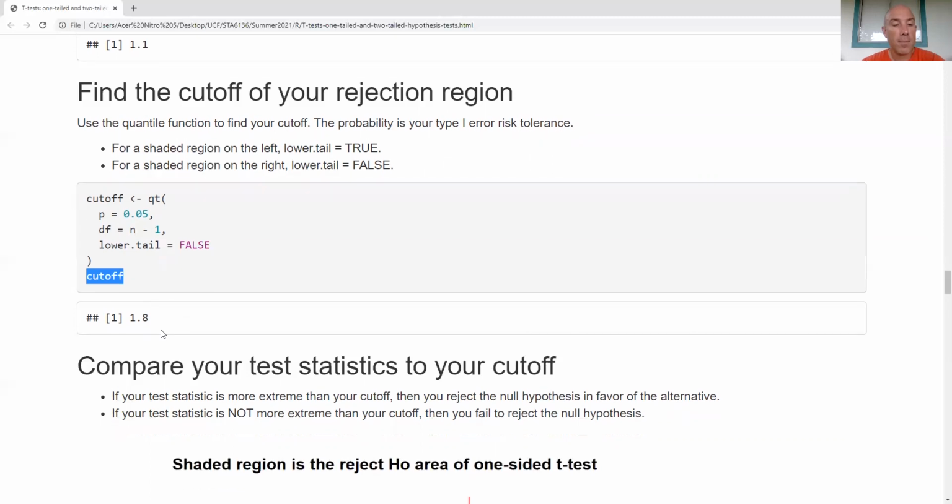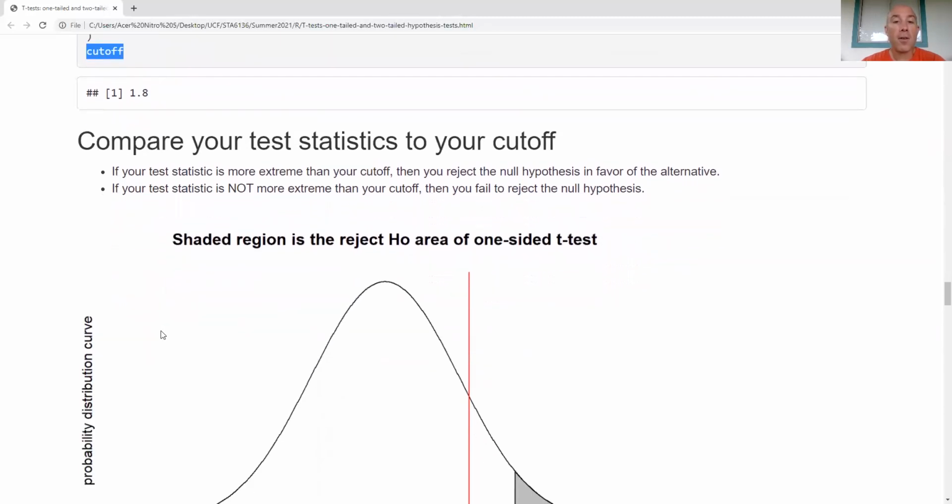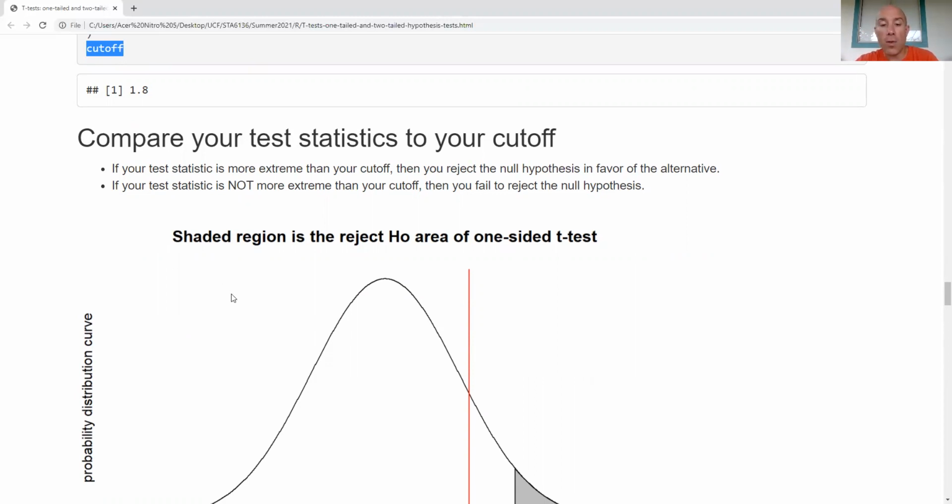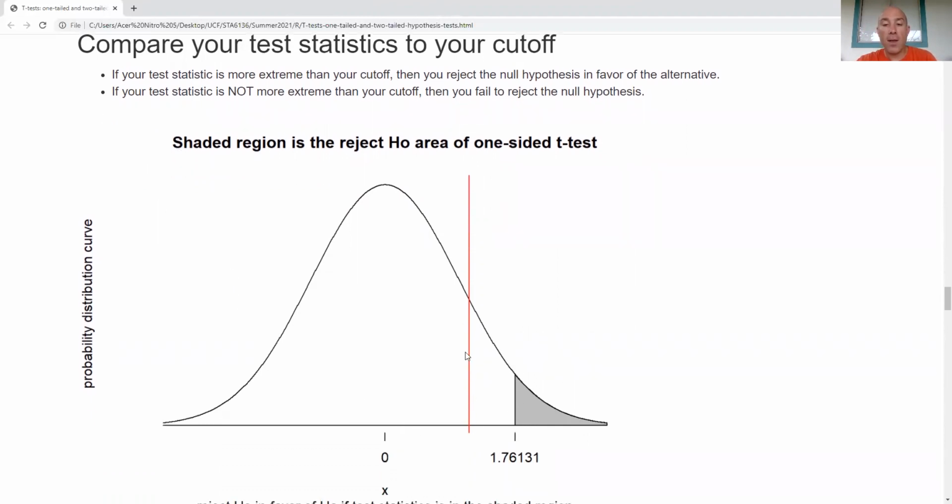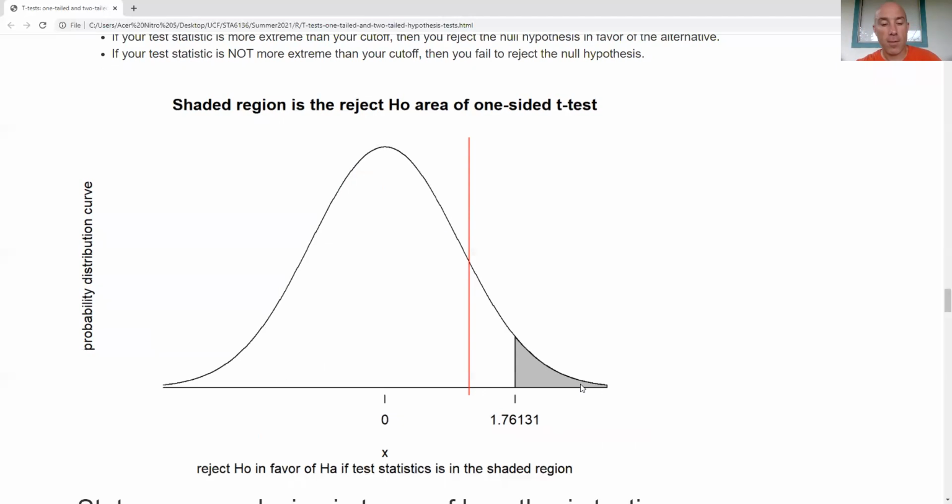Let's compare the test statistic to the cutoff. If your test statistic is more extreme than your cutoff, then you reject the null hypothesis in favor of the alternative. If the test statistic is not more extreme, remember that you don't. Here I can see that my test statistic is not more extreme than my cutoff. Therefore, I fail to reject the null hypothesis.